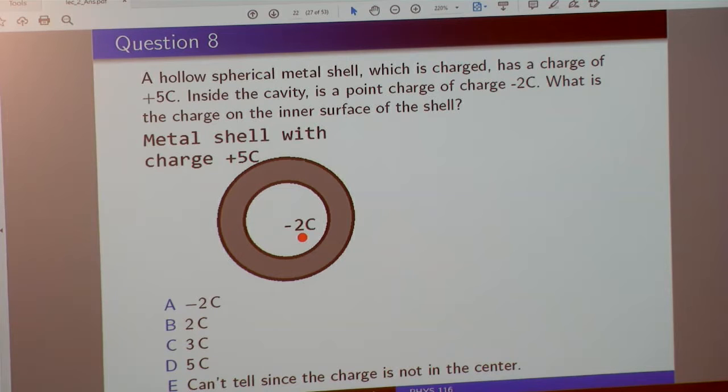All right, so let's figure out why it has to cancel out. I have a hand from Alex here. Since the charge on the inside of the hollow sphere is negative, the positive charges are going to collect on the inner part of the sphere. And since it's metal, we know it's going to be a good conductor.